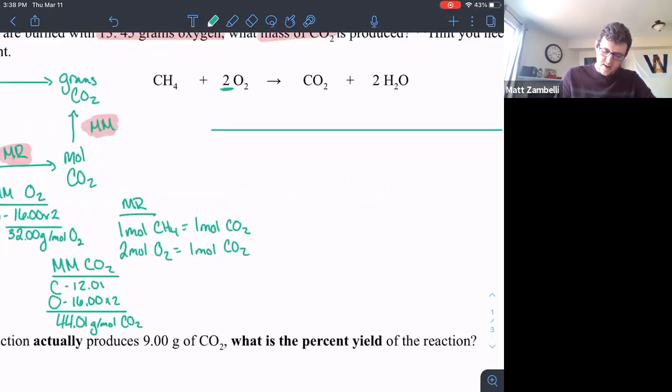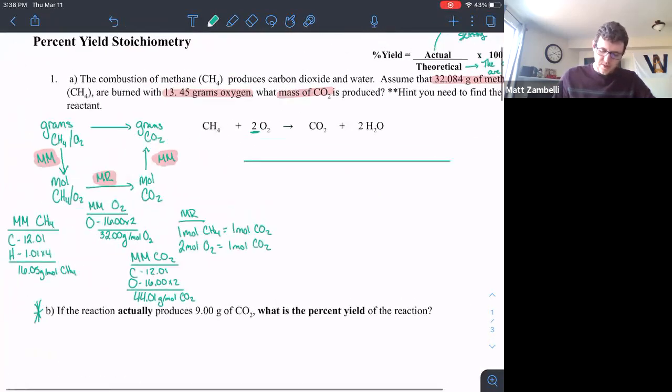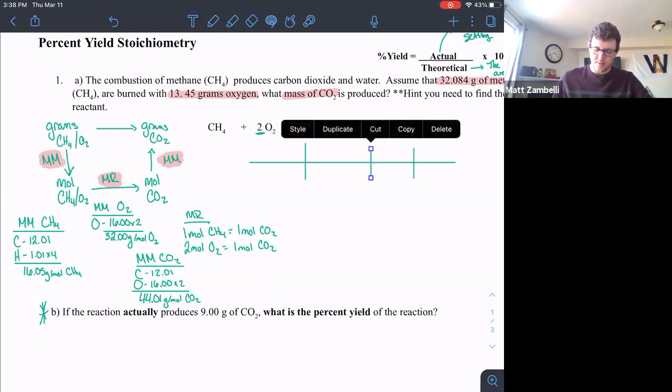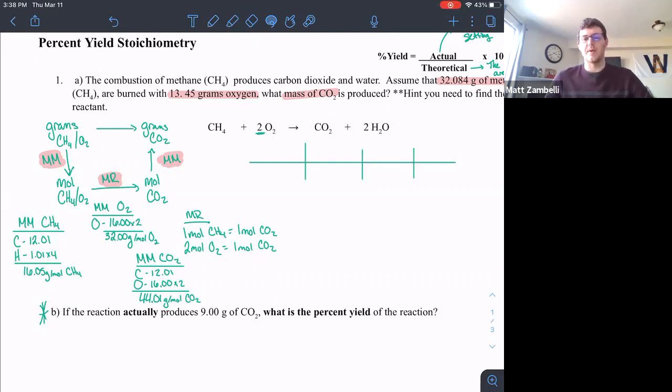All right. We have 1, 2, 3 steps, which means we need 3 dividers, 3 breaks. All right. And then what do I put in my top left corner?